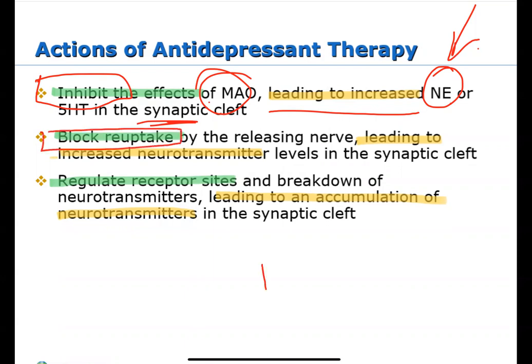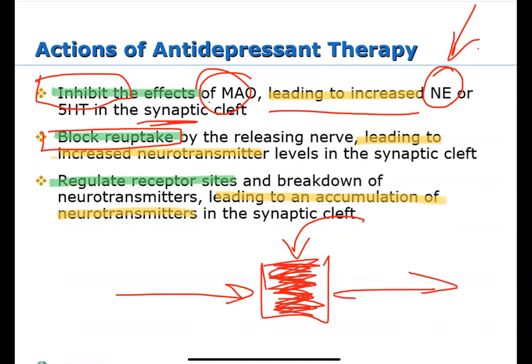In other words, that bucket is full of that solution, and what this medication does is it blocks it from going away, keeps it here for a longer time. And blocking that permits the solution to be here, and therefore the electrical impulse to go through, right? So leading to increased neurotransmitter levels at that synaptic point.